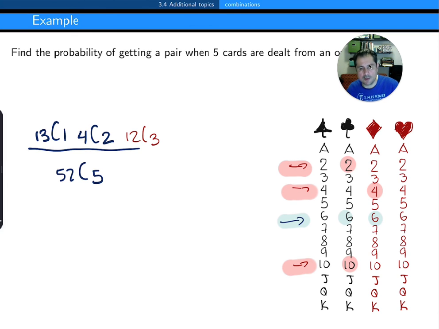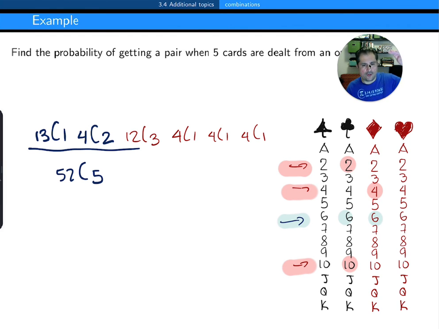That would be a 4C1 times a 4C1 times a 4C1 for each one. Of course, this is just 4 times 4 times 4, but keeping this row-column structure keeps things organized.